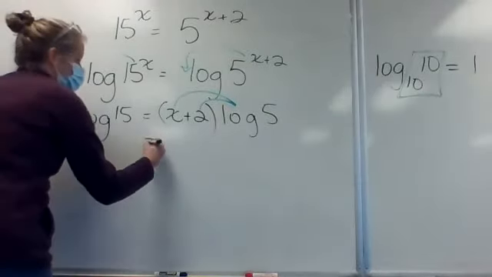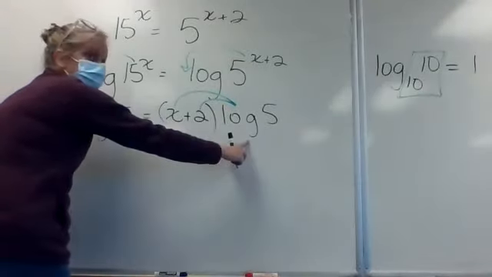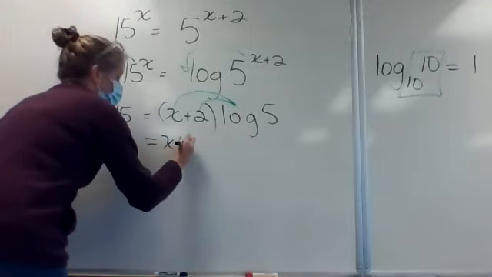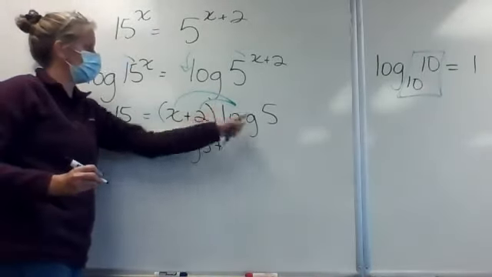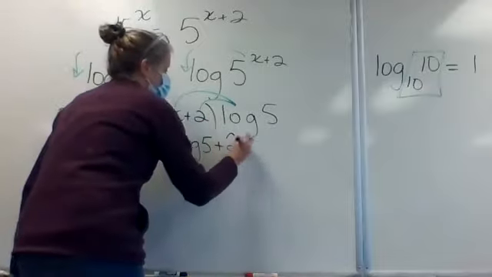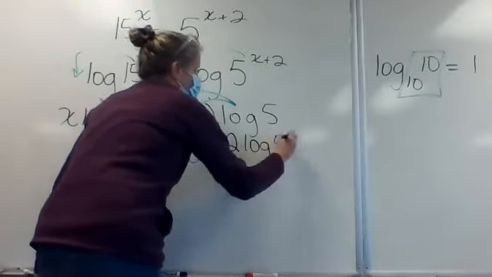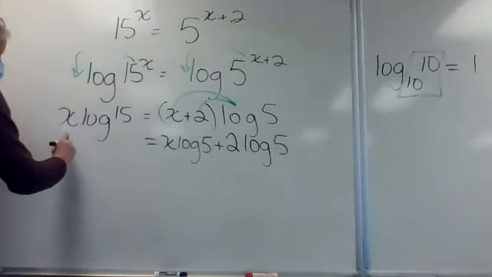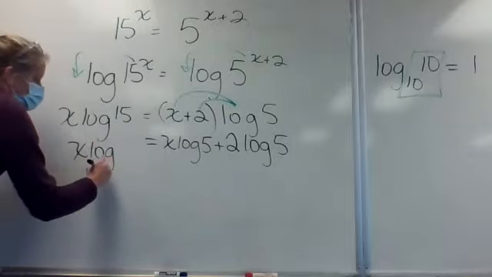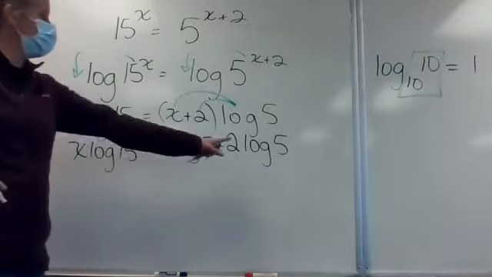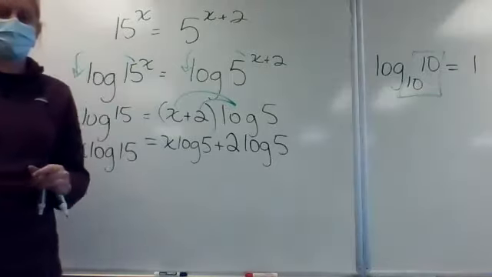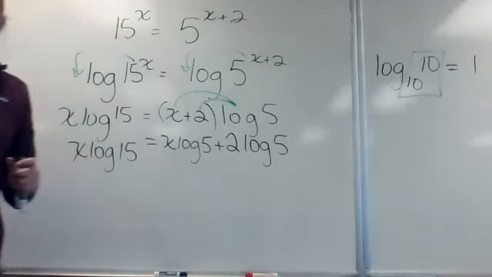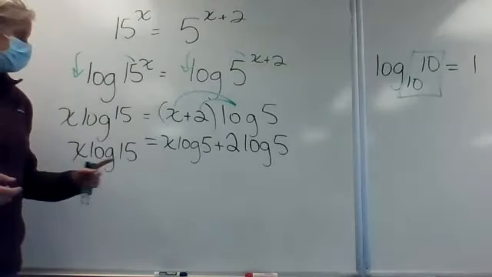Because if I distribute over here, x times log 5, plus, when I distribute this 2, I have 2 log 5. On the left, I have x log 15. So when I did this side, it did give me a term that doesn't have an x in it. So that's why this one is going to be different than that last one, okay?